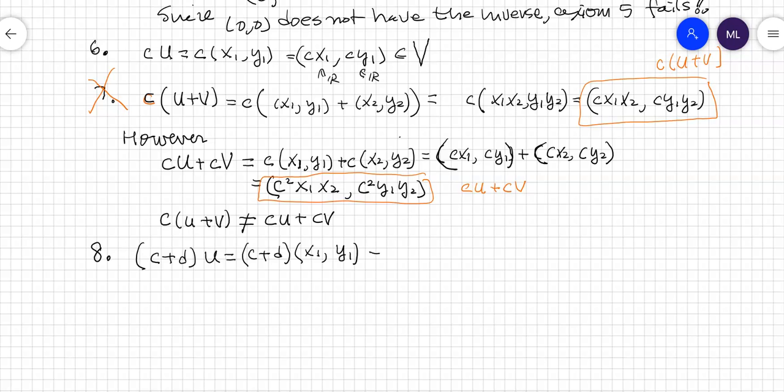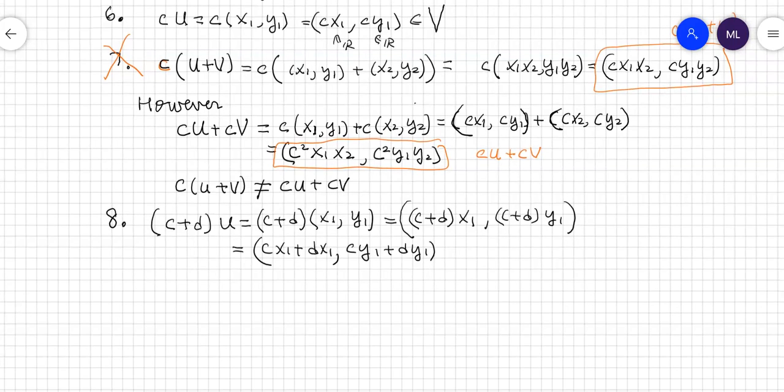Then by the second definition of this operation, it is ((c plus d)x1, (c plus d)y1), which is (cx1 plus dx1, cy1 plus dy1).